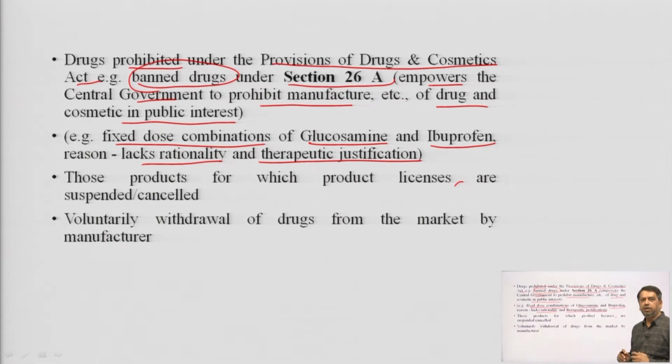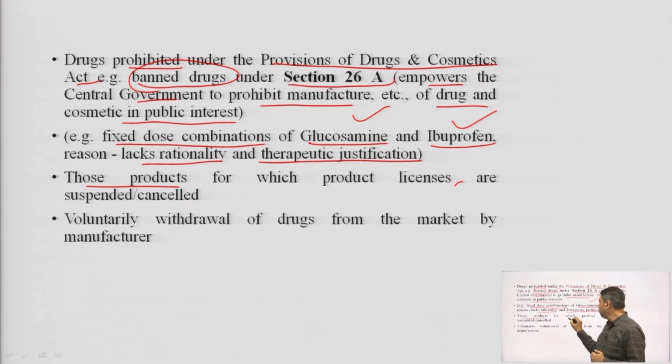The government of India or the central drug investigation agencies, after some time, came to the conclusion that the glucosamine and ibuprofen combination is irrational. There is no need for such a combination. So, this is another reason for the withdrawal or the recall.